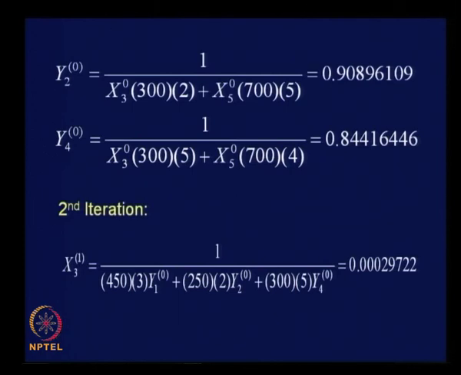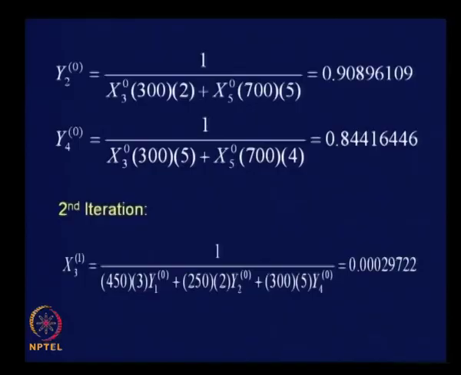What I do here is x3 I calculate as 1 by the corresponding attraction value, the next number is nothing but the corresponding travel time for that link, and then I put the y1 value which we have got in the previous iteration. Earlier this was not appearing in the first iteration because we have taken that as 1 unity, right. Now we have got some value for y1. That is how I have written that. I have not really substituted the value, it is understood. Once you substitute that value you are getting this result.